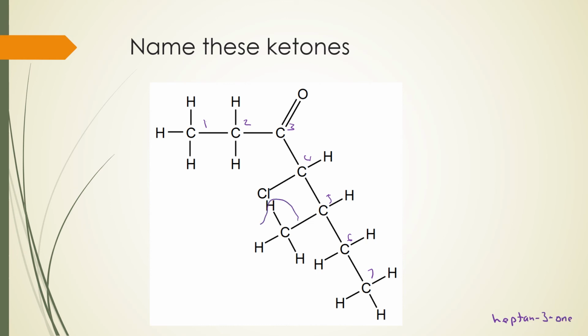We have a branch with 1 carbon in it, so it's a methyl. And that's on carbon number 5. And that's it. So, oh wait, and a chloro. Almost missed it. Chloro, which is on carbon number 4. So 4-chloro-5-methylheptan-3-one.